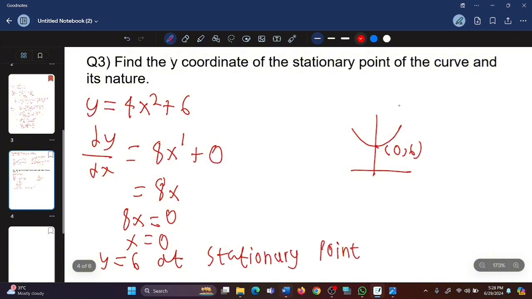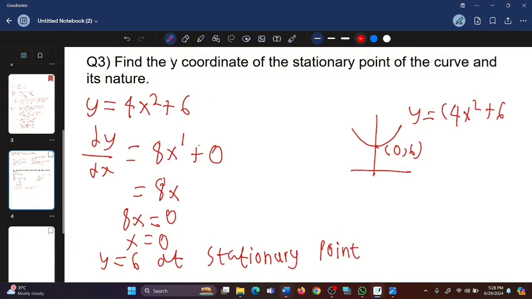I used y equals 4x squared plus 6. I used differentiation to find an equation for the gradient of this curve. Then I equated that equation to 0 so that I can find the x coordinate of the point where the gradient of the curve is 0.